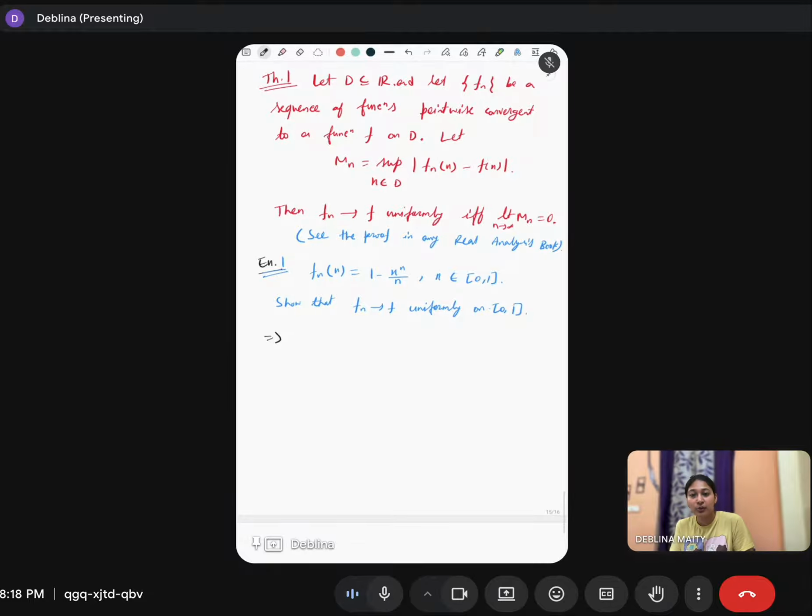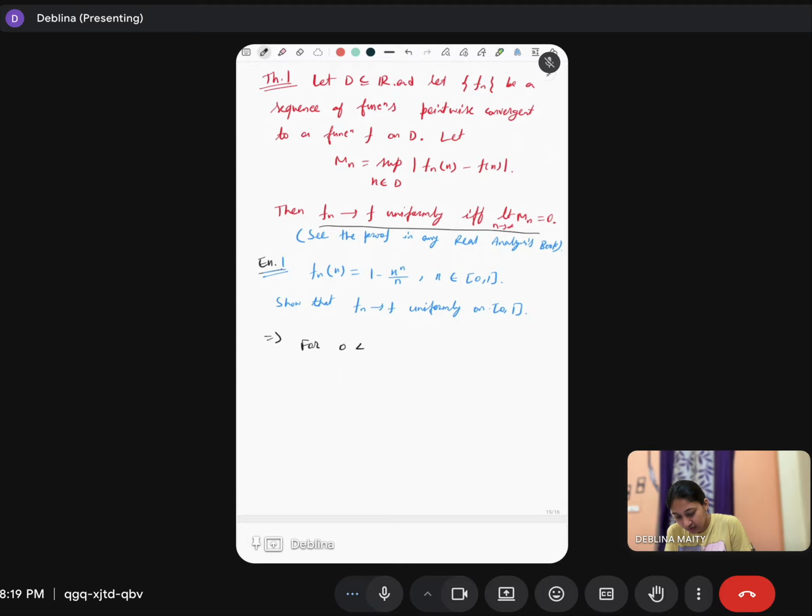Since this is an if and only if condition, first we have to find the pointwise limit of this sequence. So first we have to find the limit as n tends to infinity of fn(x).